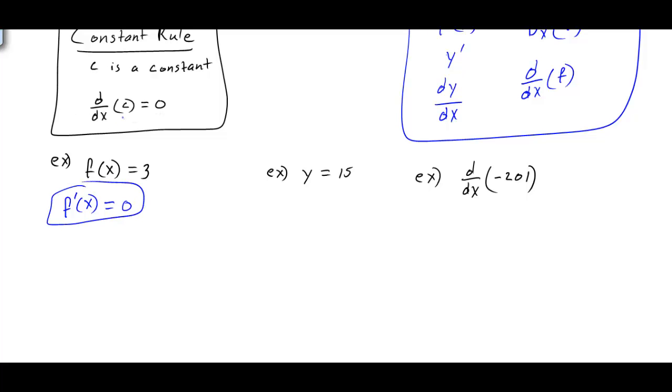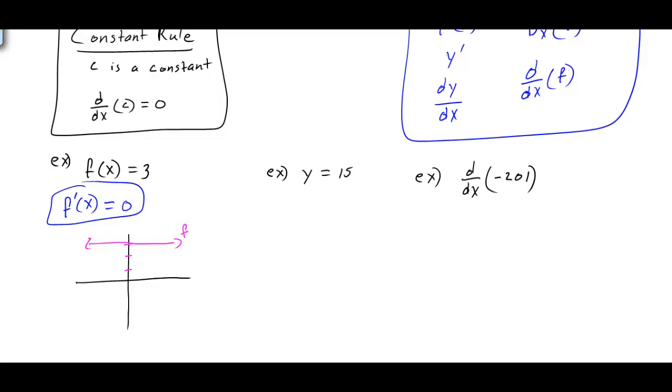Now, why is the derivative of a constant always 0? If you recall, what is the derivative? Well, remember, the derivative is the slope of your tangent line at a given point on your function. Well, if we graph our function, f of x equals 3, that's just going to be a horizontal straight line.